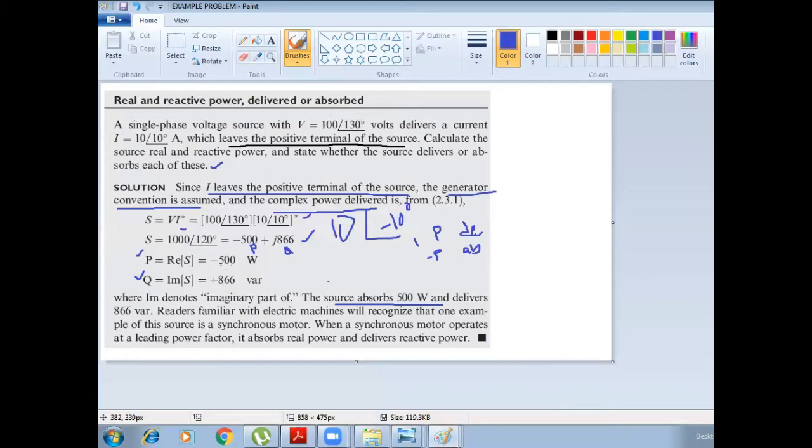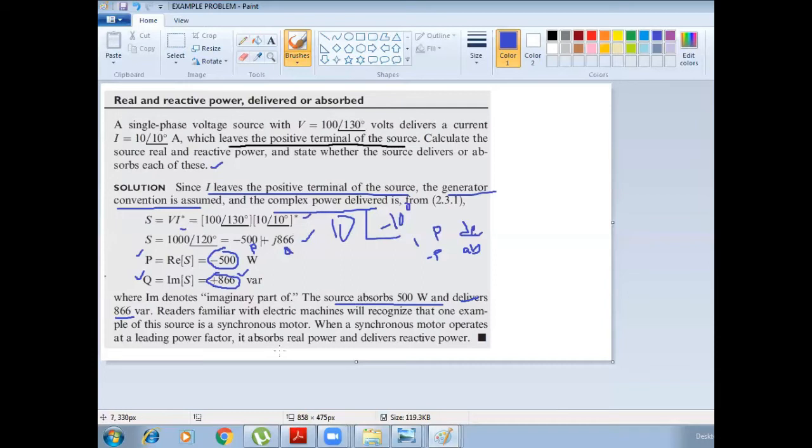So here it is minus 500, so 500 will be absorbed by the source, and as it is a positive 866, it is delivered by the source. So here 500 watts is absorbed by the source, and 866 VAR will be delivered by the source.